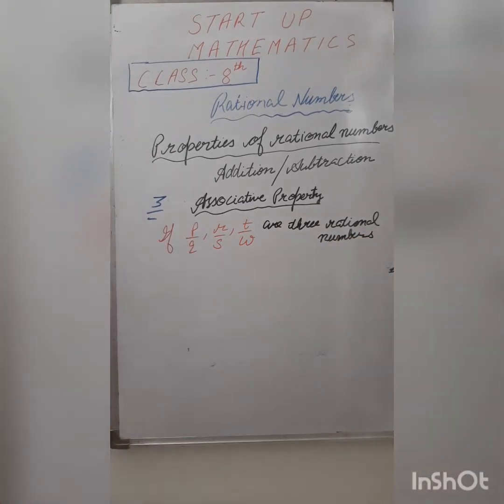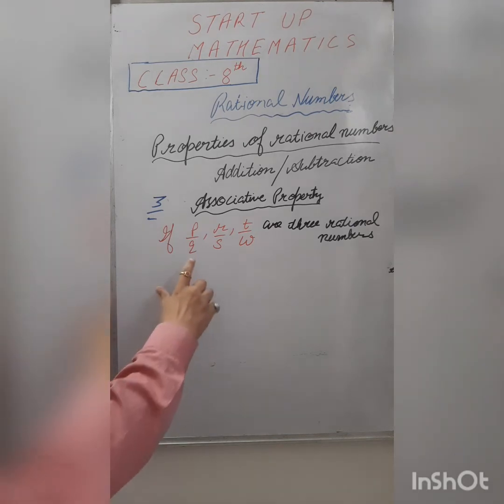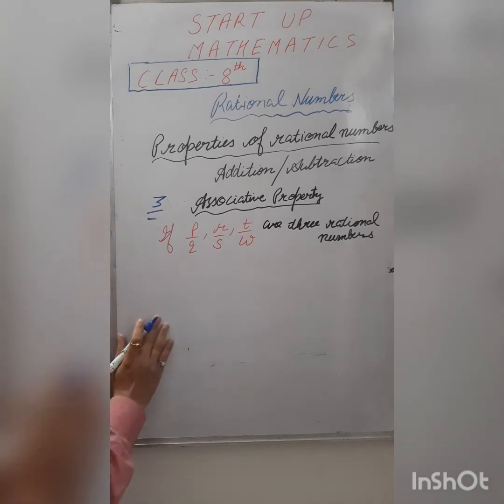So while adding these three rational numbers, P by Q, R by S and T by W, they can be grouped in any order. इससे पहले जो प्रॉपर्टी में हमने बात की थी, that is we have taken the two rational numbers. Now here there are three rational numbers. So how can they be grouped?